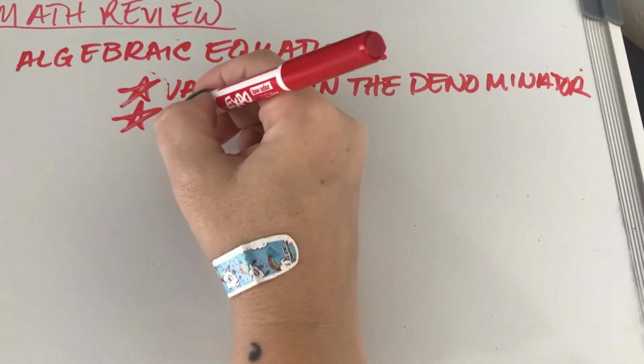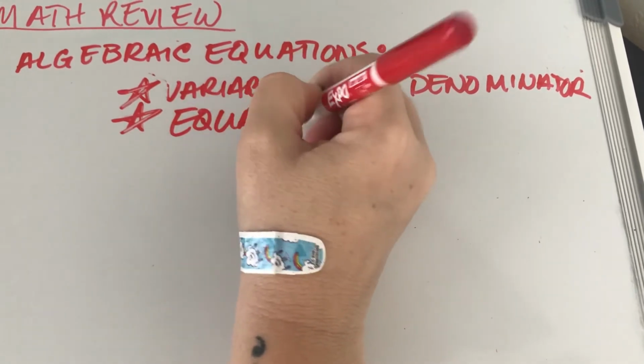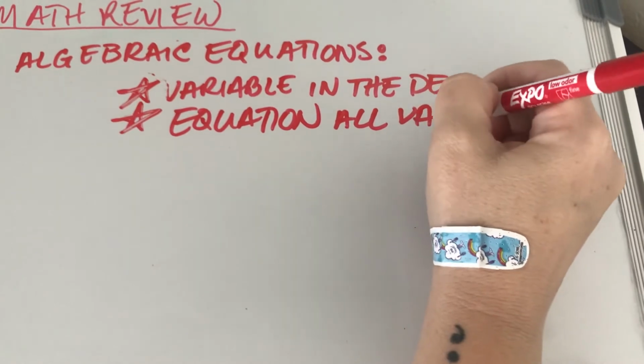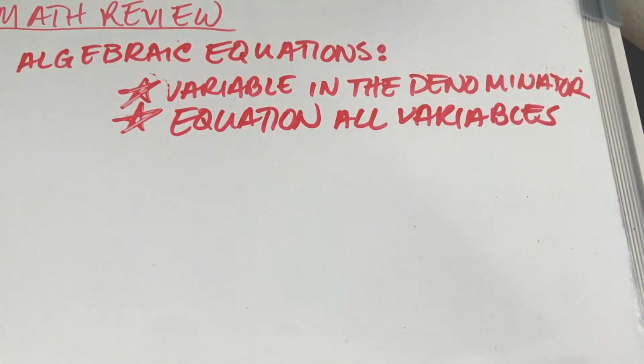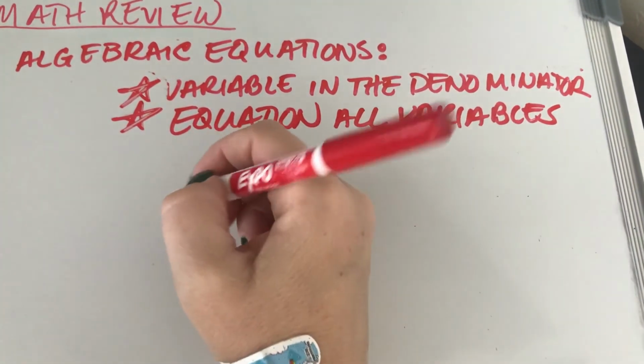And the other one is when you have an equation that is all variables. Okay, so what the heck am I talking about?